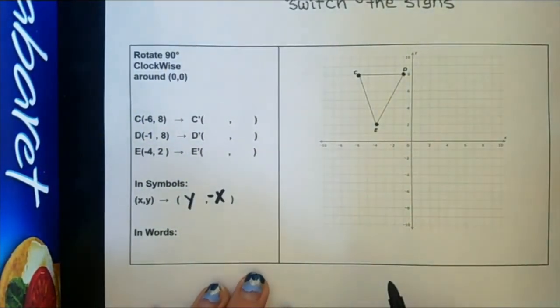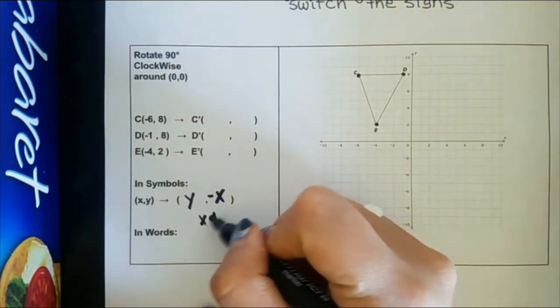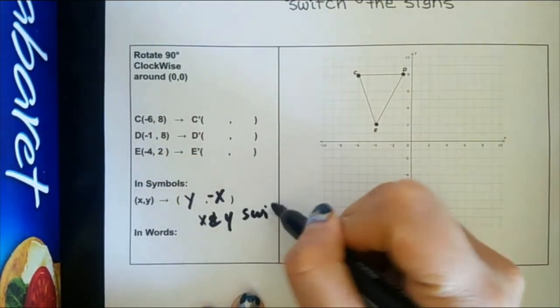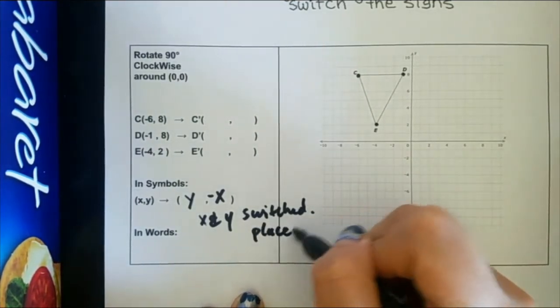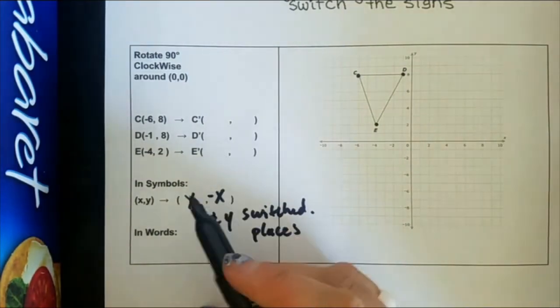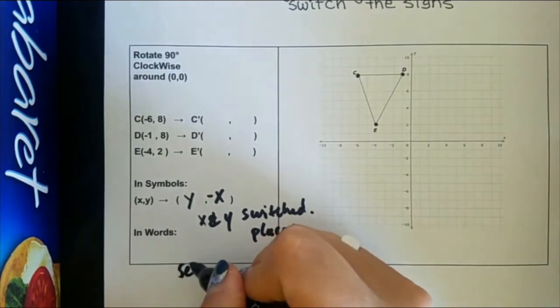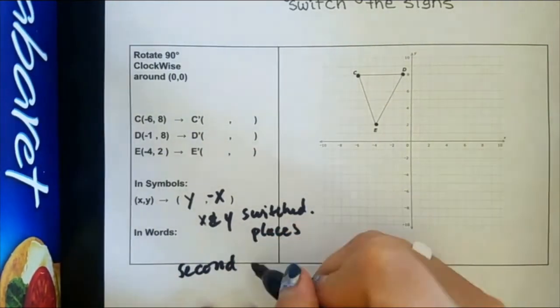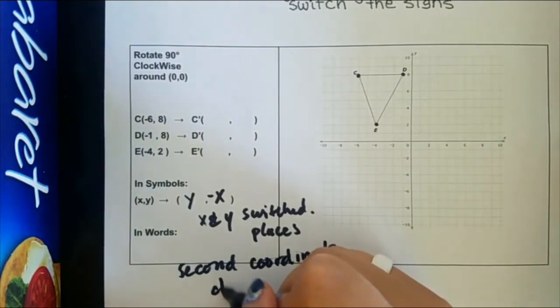So what that means is that the x and y switch places, and you can see that there's a negative x right here. So for the second coordinate, we're going to take its opposite sign.